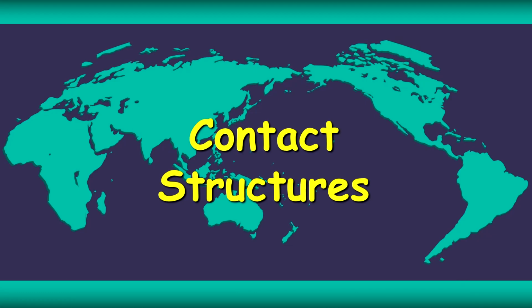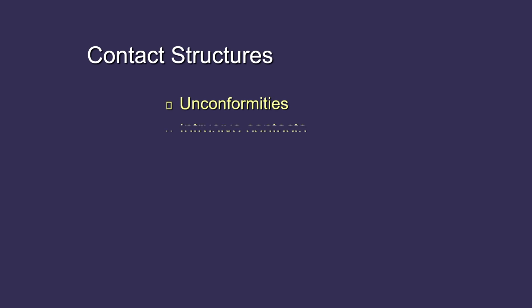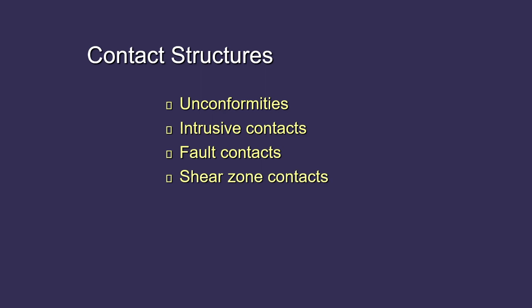So with this understanding, one can differentiate between the primary and the secondary structures. And the contact structures, as I told, are related with the unconformities, the periods of non-deposition, and also the intrusions which have occurred in the past. Okay. And those intrusions could be along the fault contacts also. Okay. And then we also talk about the shear zones.